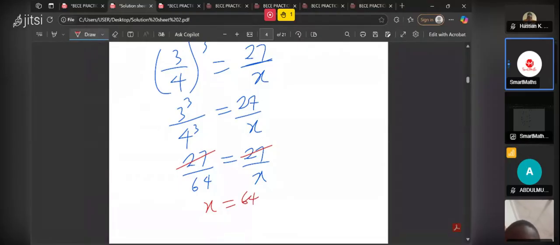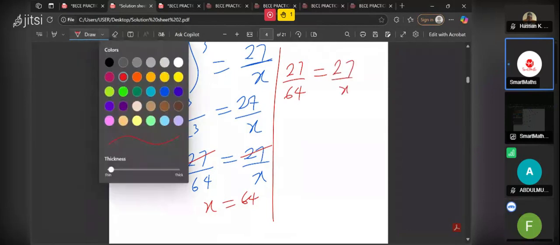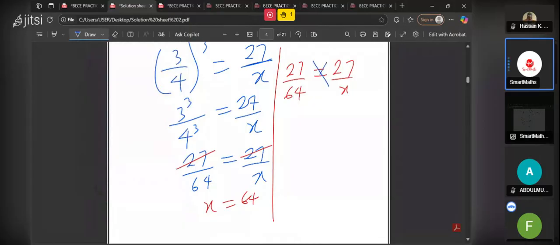If it's not clear to you, we can have it 27 over 64 equals 27 over x. You cross multiply. That will be 27x equals 27 times 64. Don't multiply out.